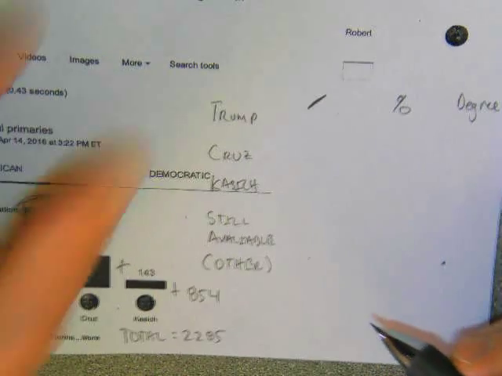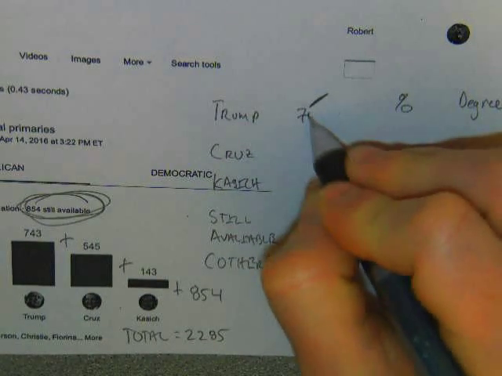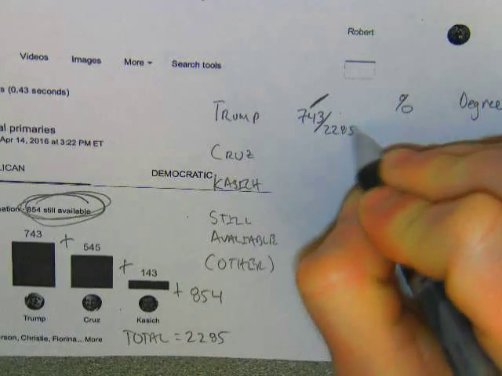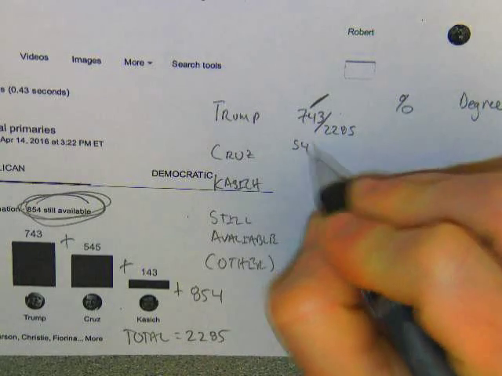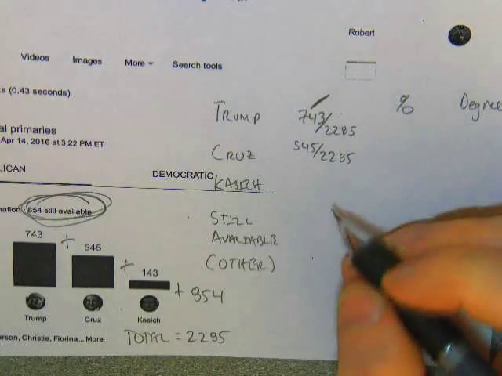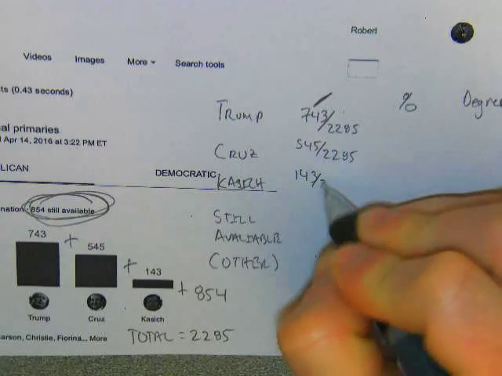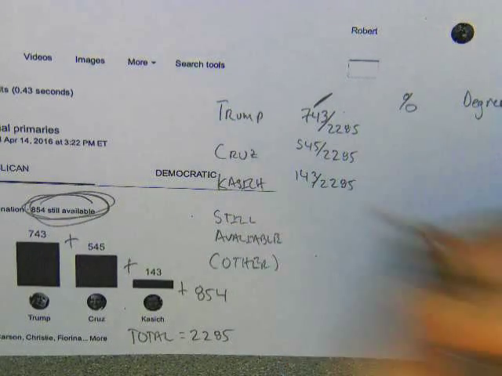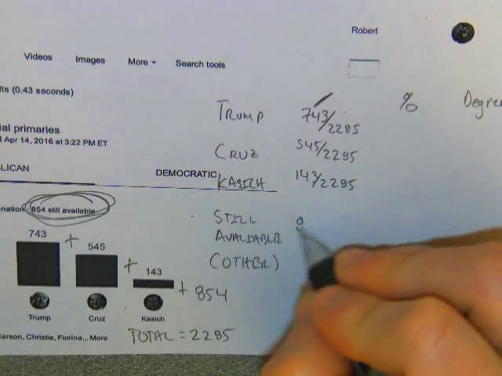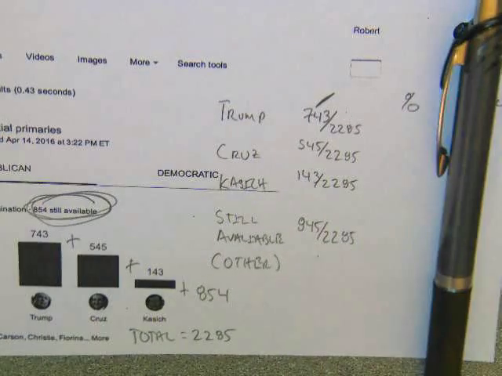Then I'll just start filling in my chart. Mr. Trump is 743 out of 2285. Mr. Cruz, 545. The senator, congressman from Ohio, 143 out of 2285. And still available, 845 out of 2285.